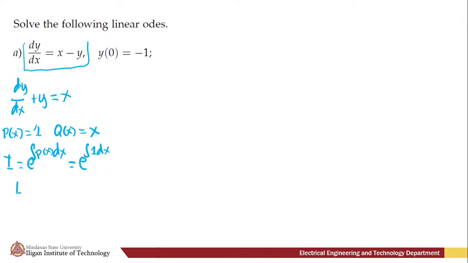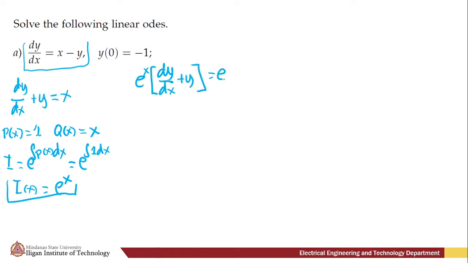So our integrating factor I of x is equal to e raised to x. So we multiply it back to our differential equation. We have e raised to x times dy over dx plus y equals e raised to x times x.